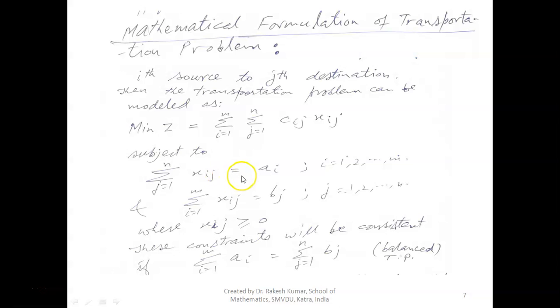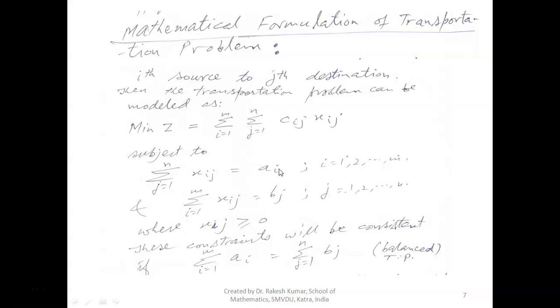Means the material which is being supplied from supply center A1 is exactly equal to whatever is transported to all the demand centers.